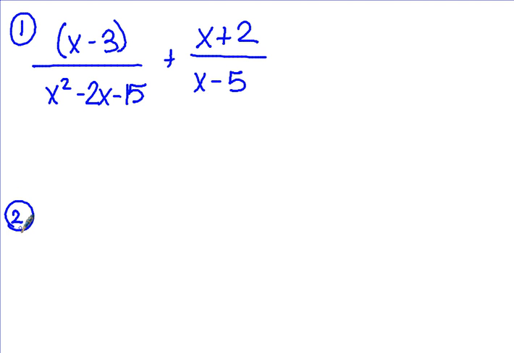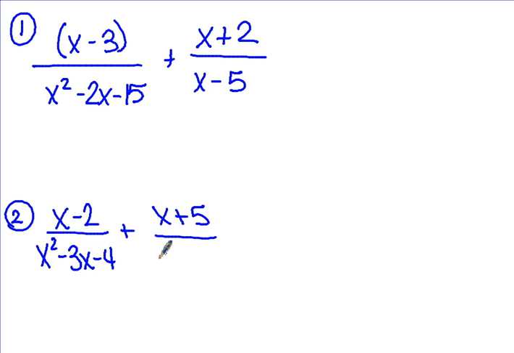The second one: x minus 2 over x squared minus 3x minus 4 plus x plus 5 over 4 minus x. Go ahead and work those two out on your own to completion, and we will check them when we come back into class.